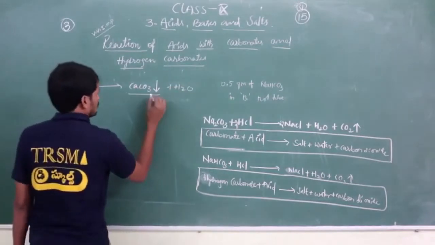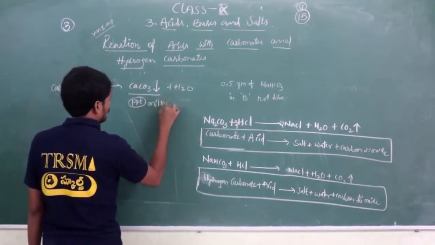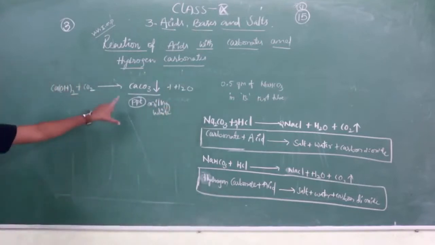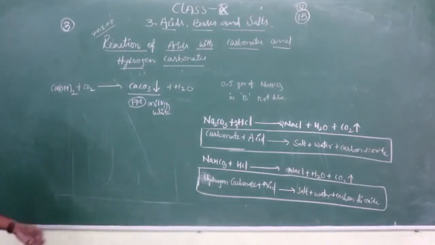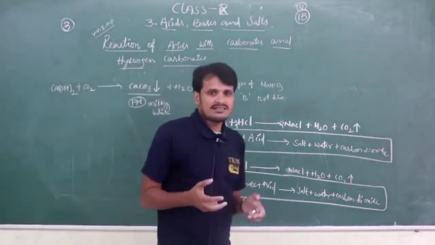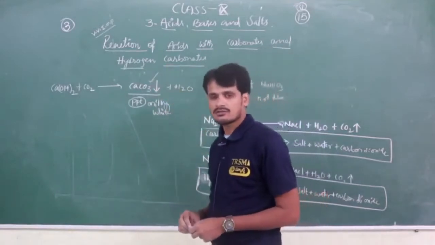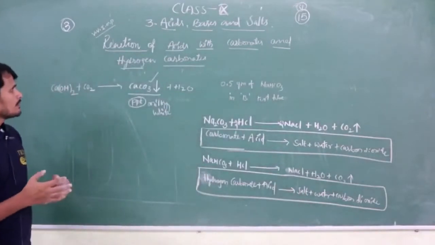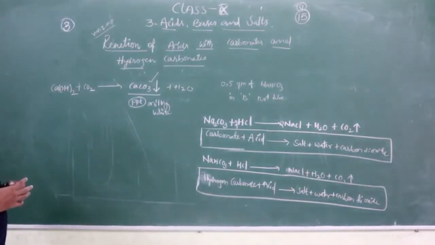This precipitate, PPT, is milky white. When carbon dioxide enters lime water, the reason for it turning milky white is CaCO3 formation. Got it? The reactions of carbonates and hydrogen carbonates with acids are completed.